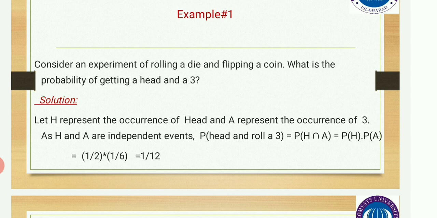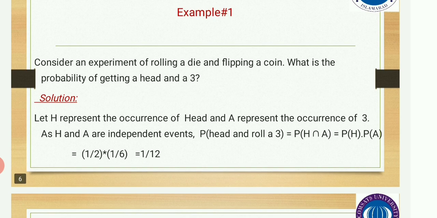And as you know, in rolling a die we have a sample space containing 6 outcomes, and as A represents getting a 3, the probability of A will be equal to 1 by 6. By applying the multiplication law for independent events, we will get 1 by 12.